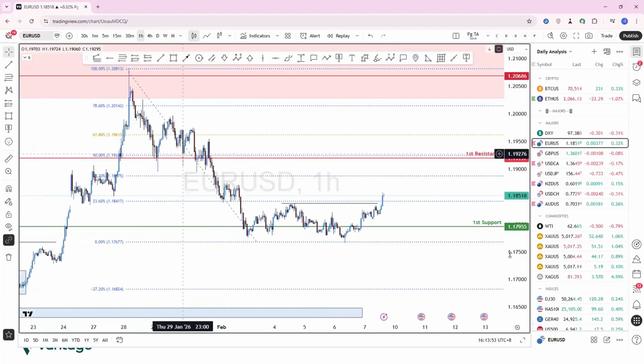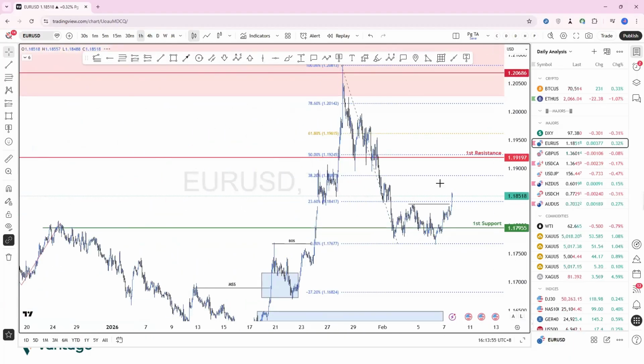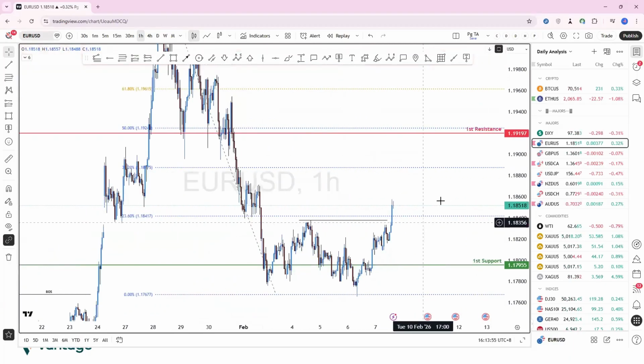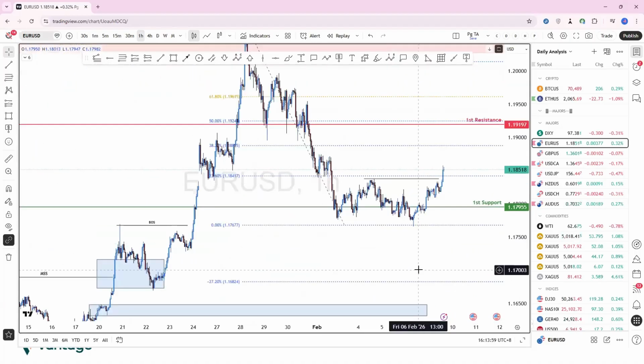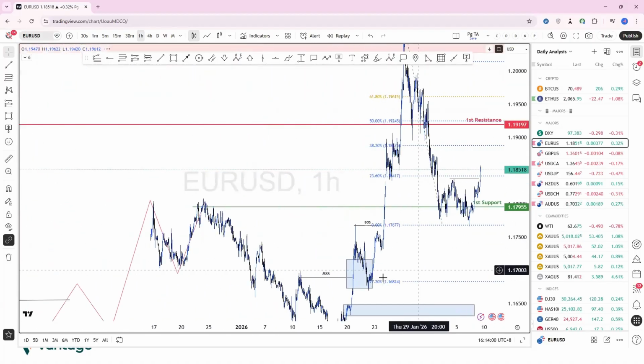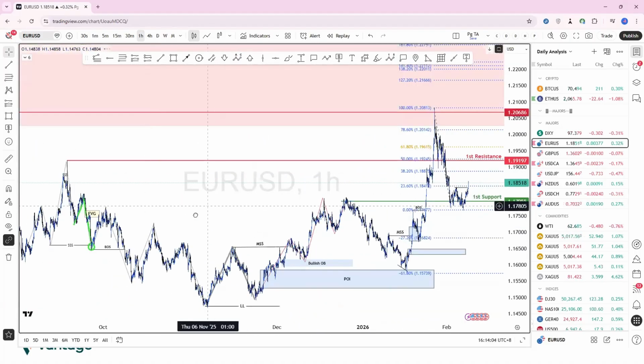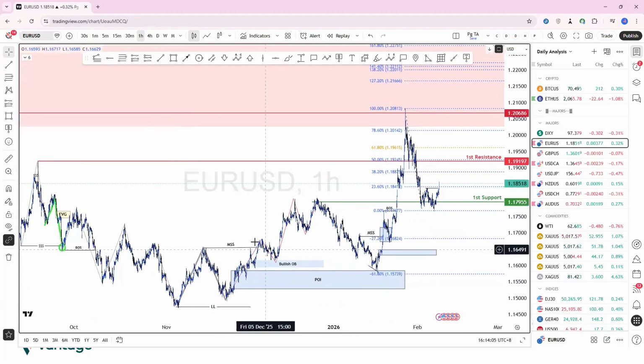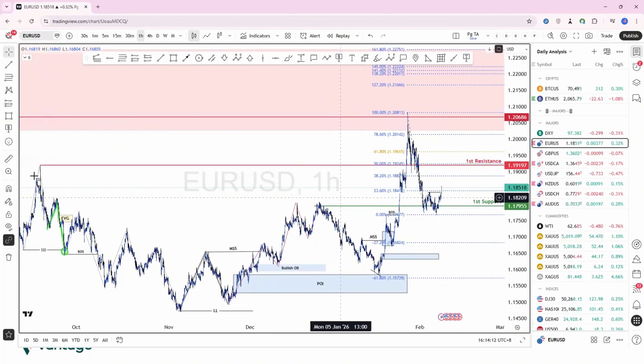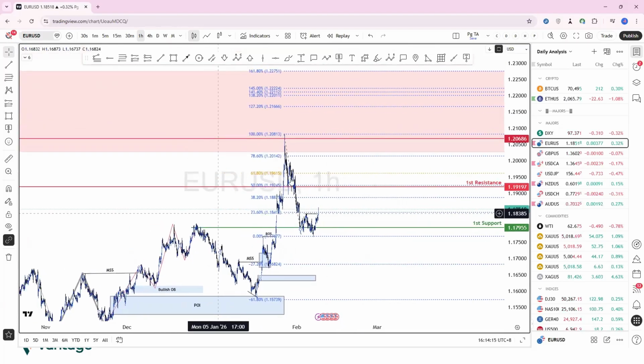Let's go to H1. Okay, in the H1 time frame, you're going to look at structure right here. What do you do? Market structure shift, break of structure. This is our break of structure. They also make a break of structure here, but after the break of structure, price pulls back.